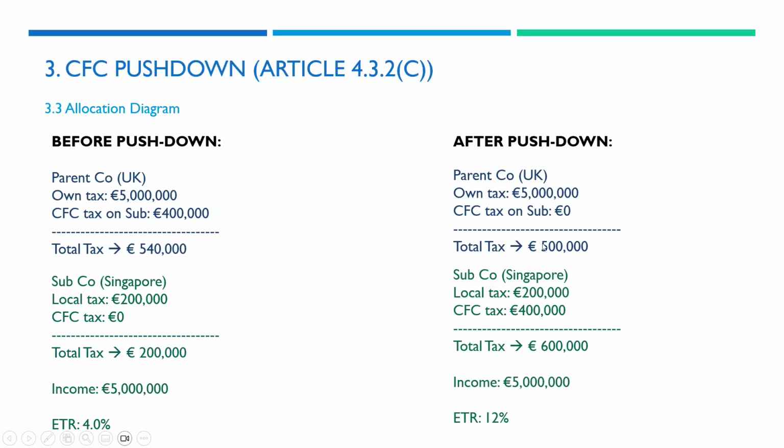So, let's assume that this tax relates to passive income, not active income. So, the Singapore subsidiary, this 5 million, out of which 4.5 million is from passive income like interest or dividend or other things. So in that scenario, even for low tax, passive income would be a risk. So all the investment will go from here and not from here, right?